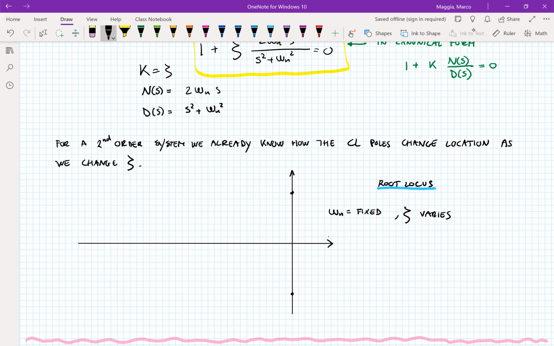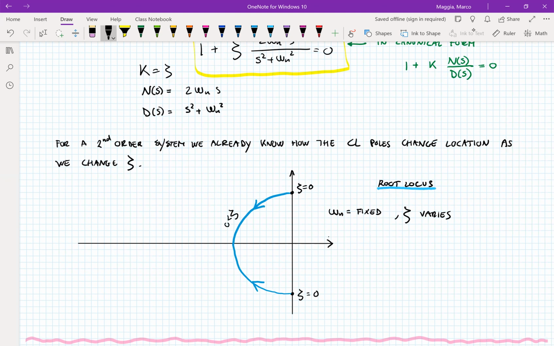Well, if you don't believe me, let's go ahead and draw it together. Remember, when zeta was equal to 0, we have an undamped system. Therefore, the closed loop poles will be on the imaginary axis. And then as we increase zeta, we're going to follow the semicircle in this direction as zeta increases.